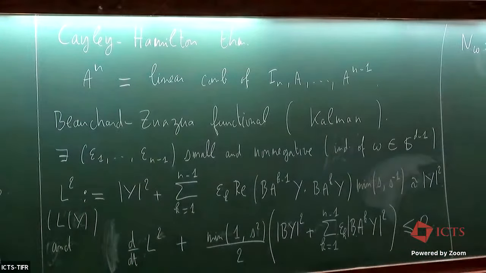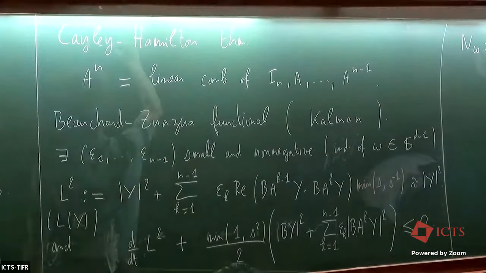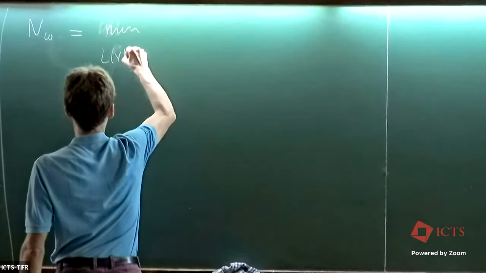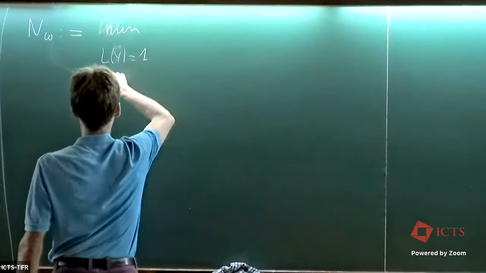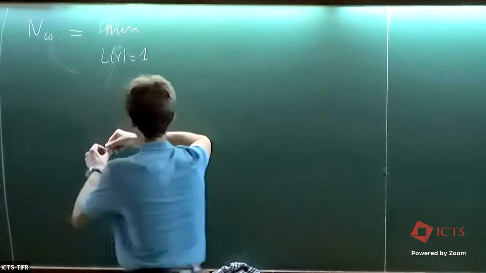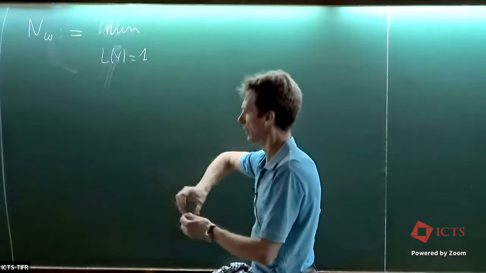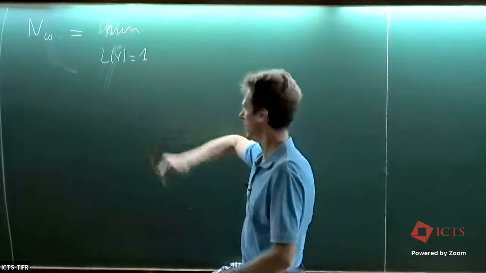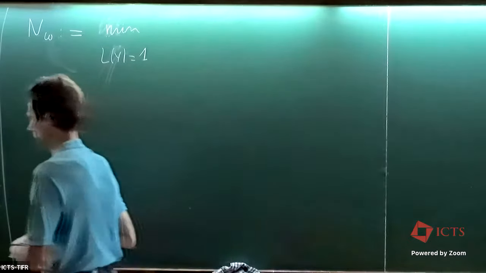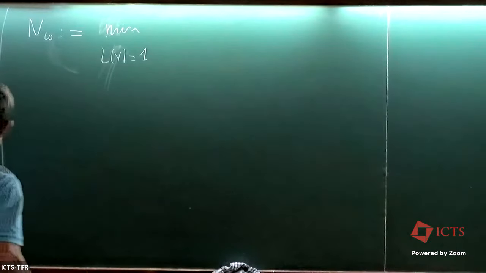So you define the minimum for L of y equal 1. In fact, it's a kind of sphere. For y equal 1 it will be exactly the sphere, and we take the minimum of all these terms.